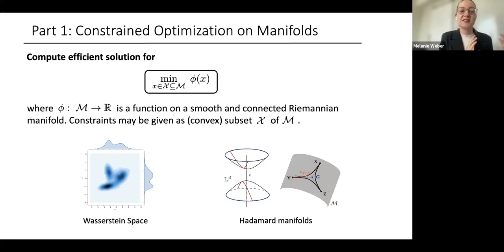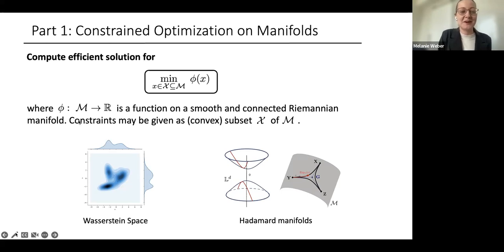Okay, so as I said in the first part of the talk, we will look at constraint optimization on manifolds. So the class of problems that we're considering is written here. We have some function defined on a manifold. Usually we constrain ourselves to Riemannian manifolds.